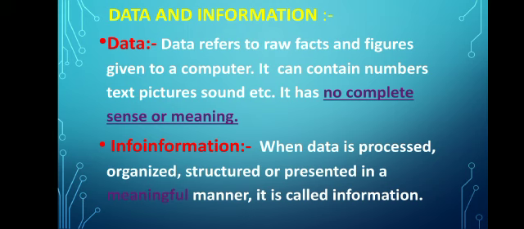What is information? The processed data is called information. When data is processed, organized, structured or presented in a meaningful manner, it is called information. Data is always meaningless and information is always meaningful. That is the difference between data and information.